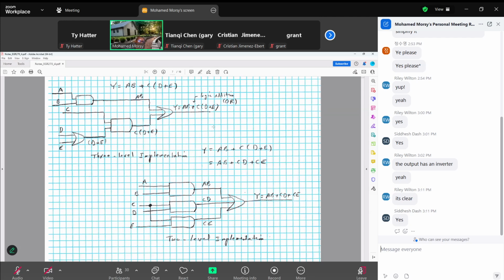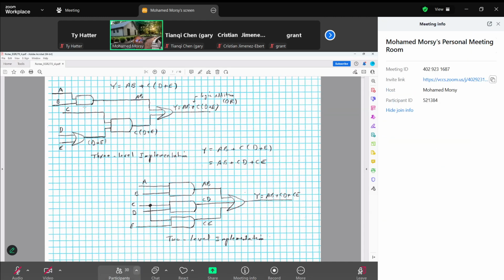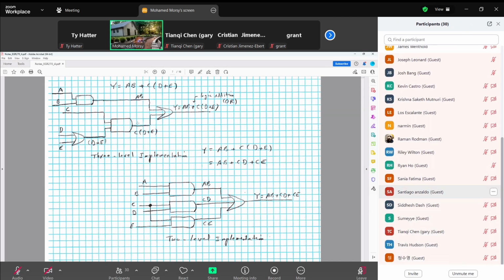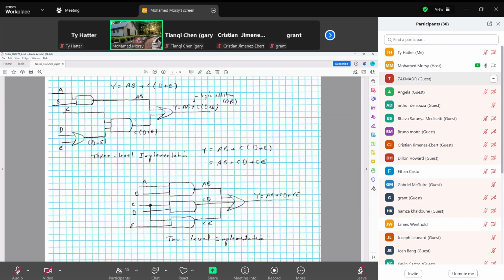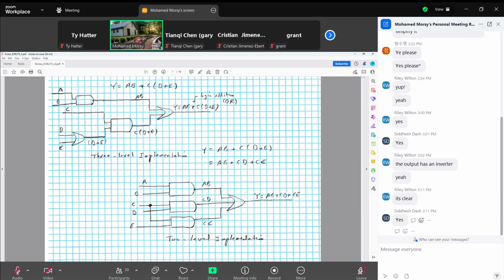Either we encrypt on the gate level, like this gate here, or inside the gate itself, we encrypt the transistors. So the only one who can make this circuit work properly is the authorized person who knows the keys.